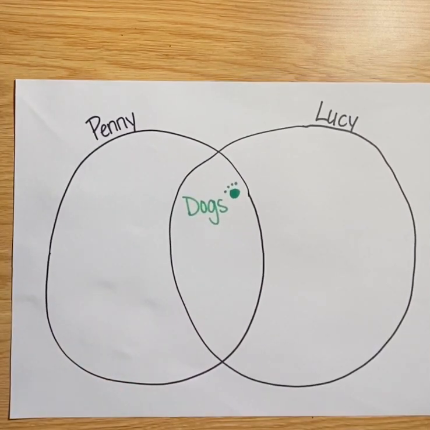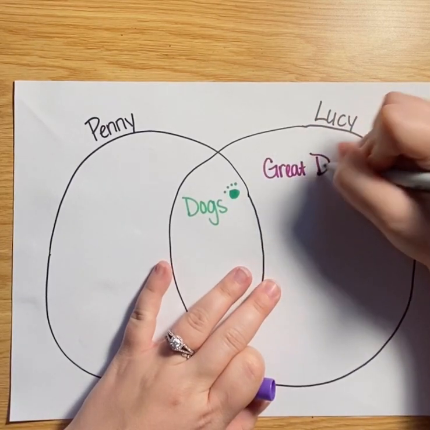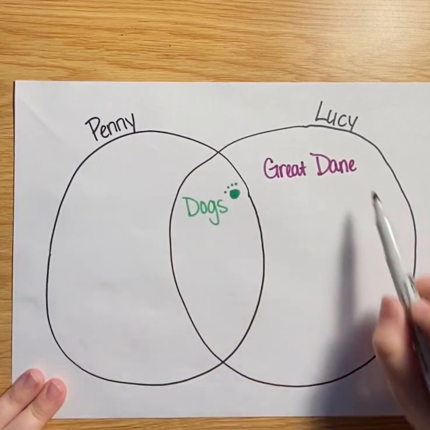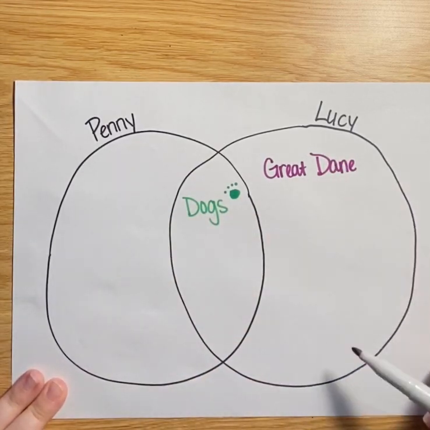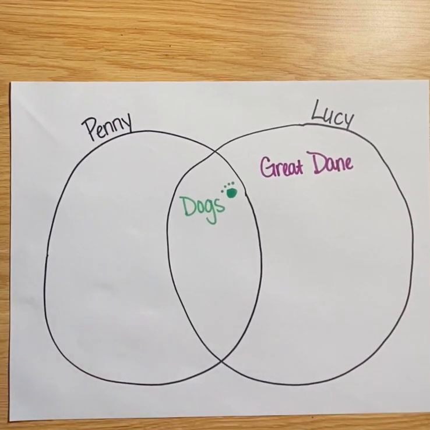Now, we know that Lucy is a Great Dane, right? Penny is not a Great Dane, so Great Dane has to go on Lucy's side of our Venn diagram. Just in case you were wondering. And we're going to put it on Penny's side.